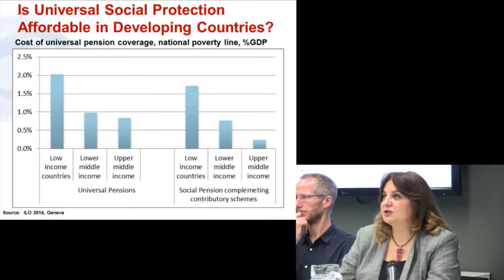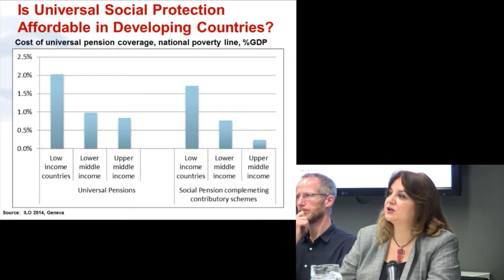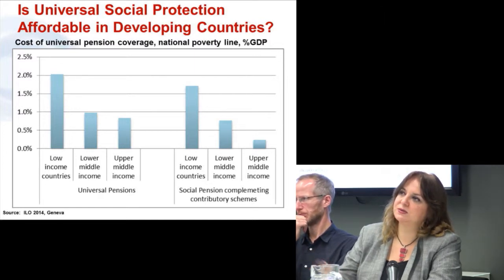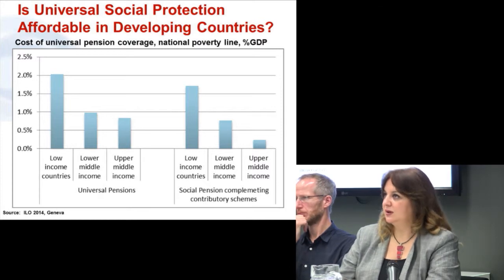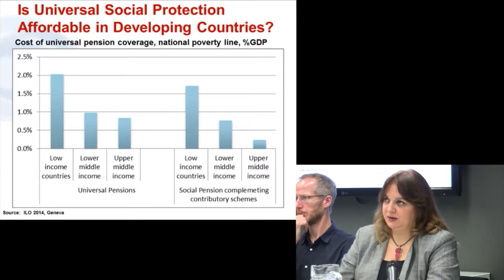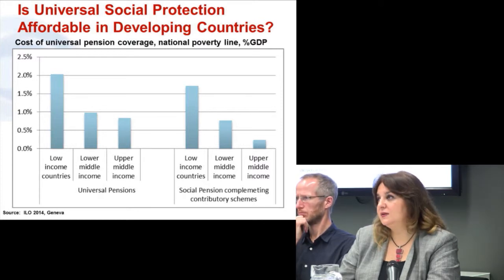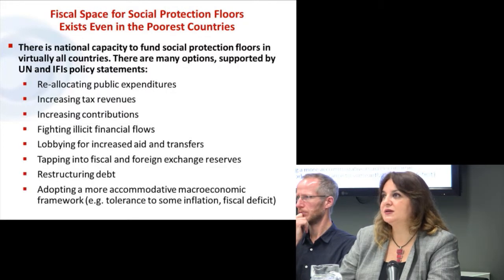We do have a discussion about the affordability of universal social protection, and we're going to pass that, but this is how much a universal pension will cost in a number of developing countries, and generally it's about 1% of GDP, and if you remove the contributory ones, it's even lower.